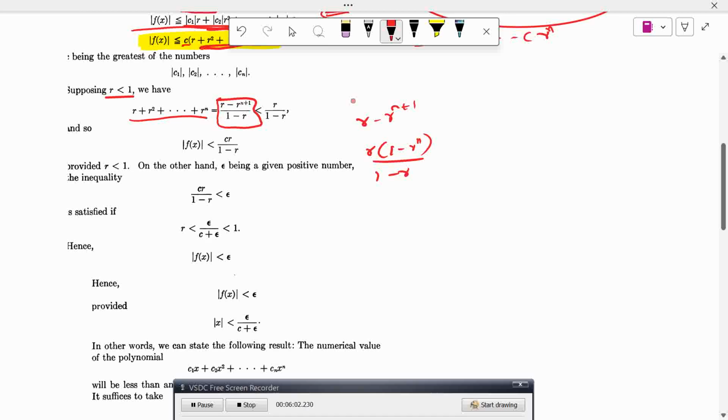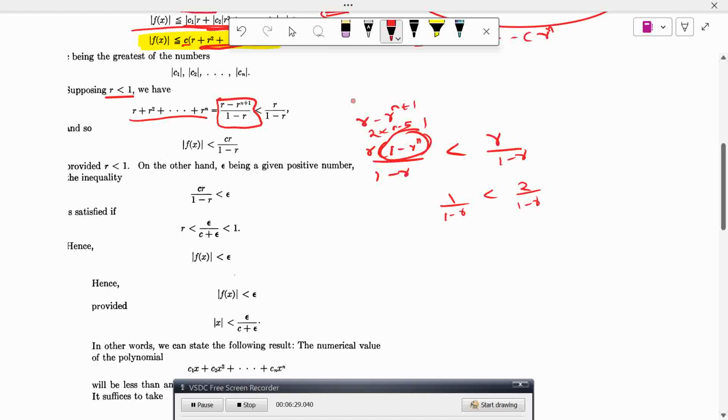So this number is less than 1. So r into a smaller number, we will get a smaller number when compared to this. Right? If r is say 2 and this is some 0.5, then 2 into 0.5 is 1. So 1 by 1 minus r is clearly less than 2 by 1 minus r, right?